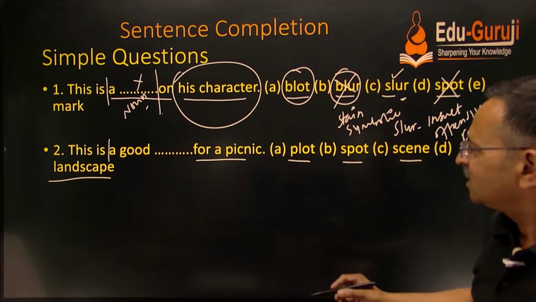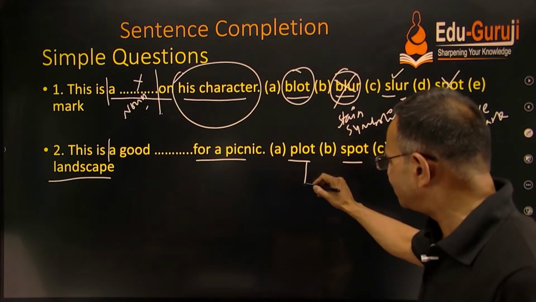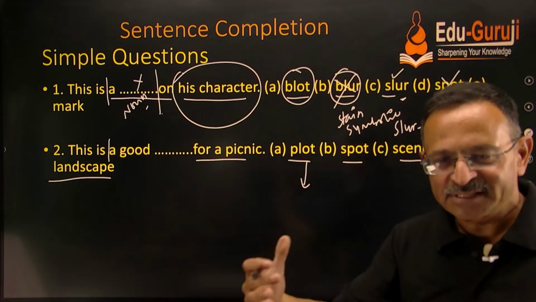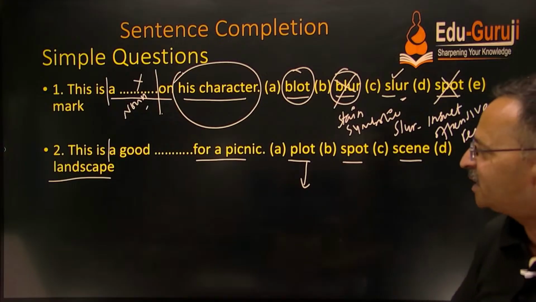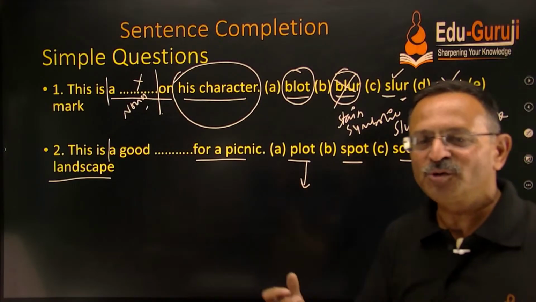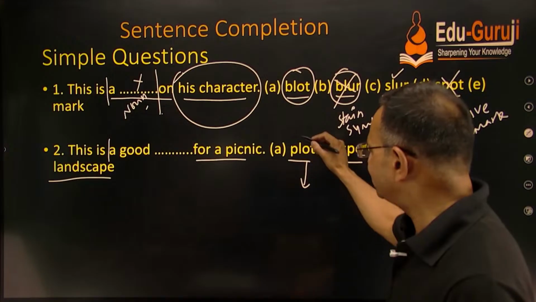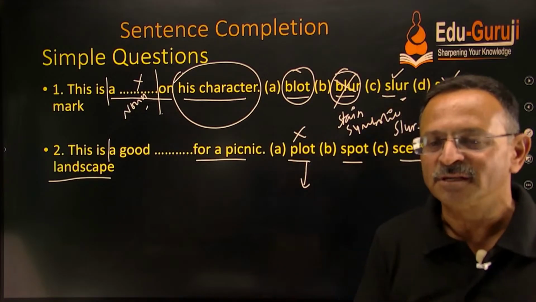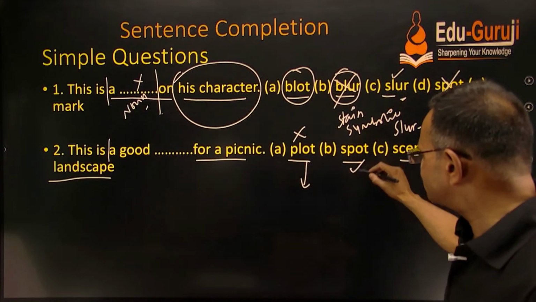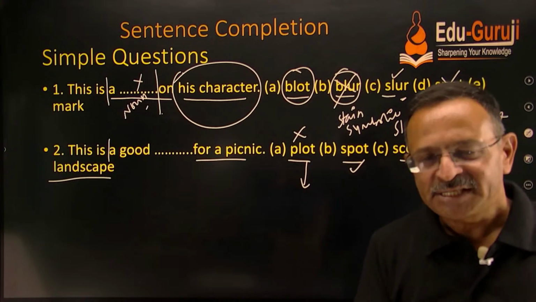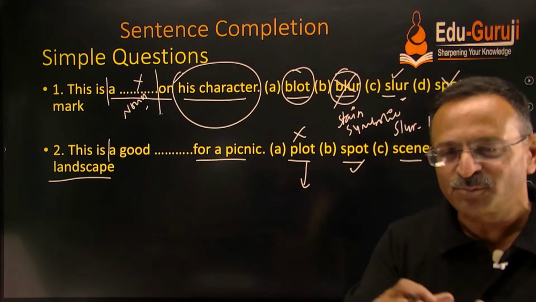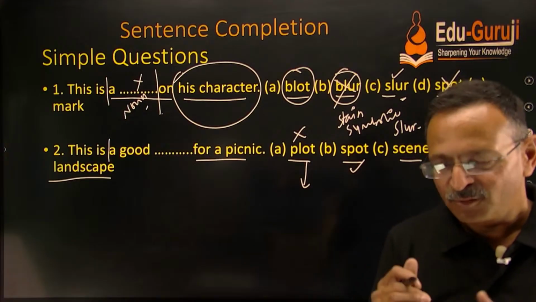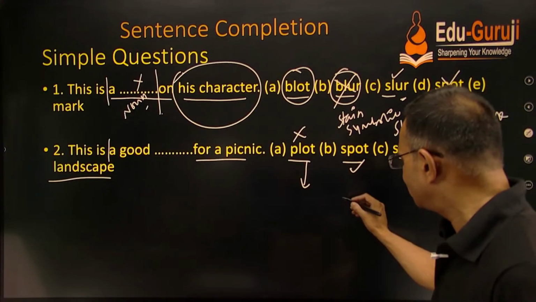Of course, we cannot use plot. Plot is something which is smaller in area. So obviously we don't go to a plot for a picnic. So definitely it is not going to be the correct answer. Then of course spot, yes, this is a sort of collocational combination of words.